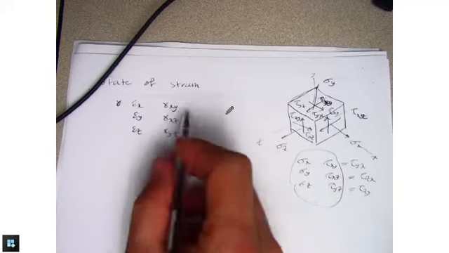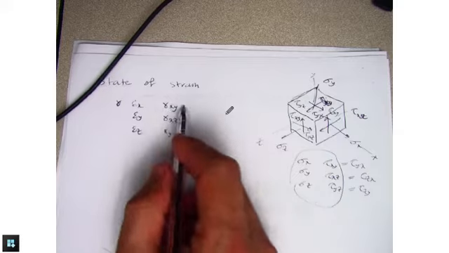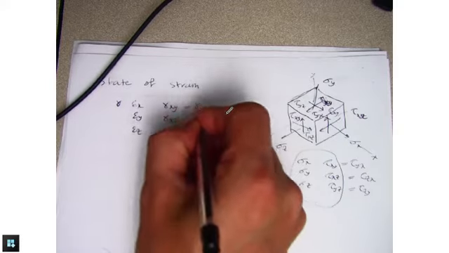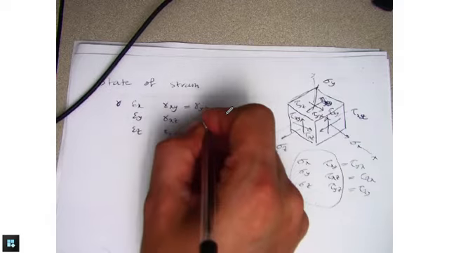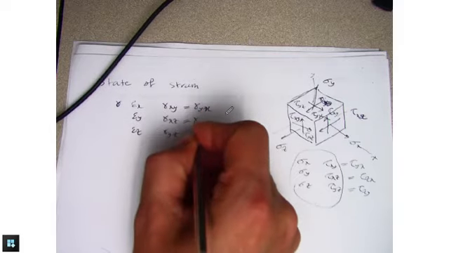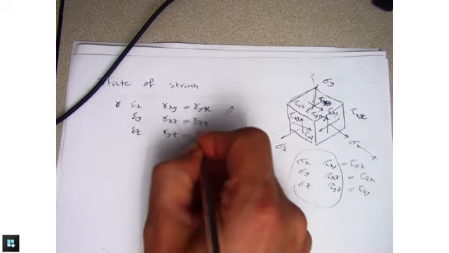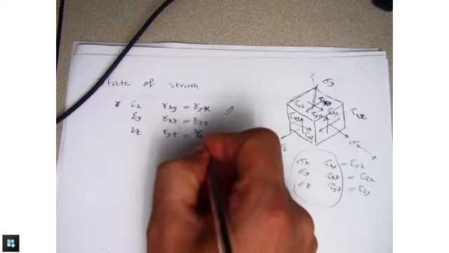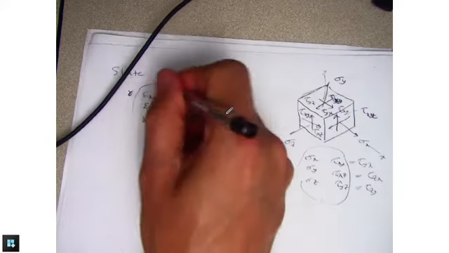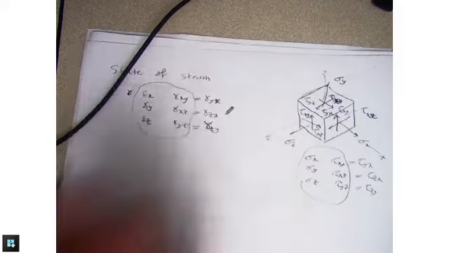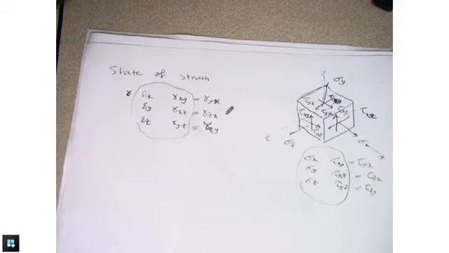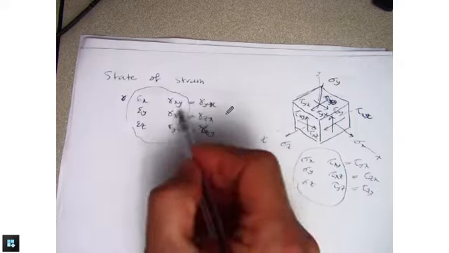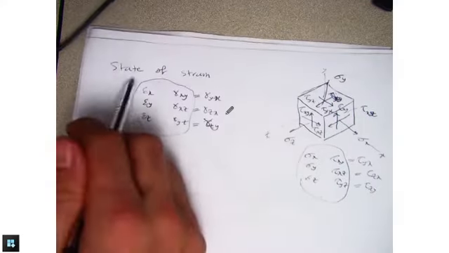And similarly, these 3 elements are equal to gamma yx, gamma zx, and gamma zy. All right. So by knowing 6 strains, 3 normal strains and 3 shear strains, our state of strain is fully defined.